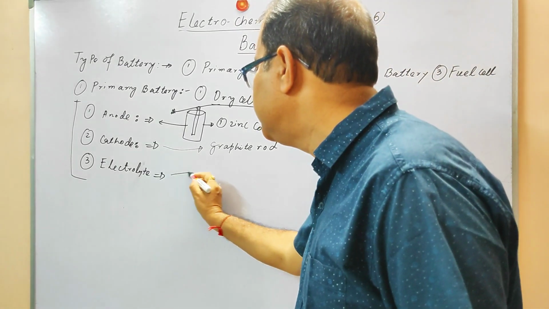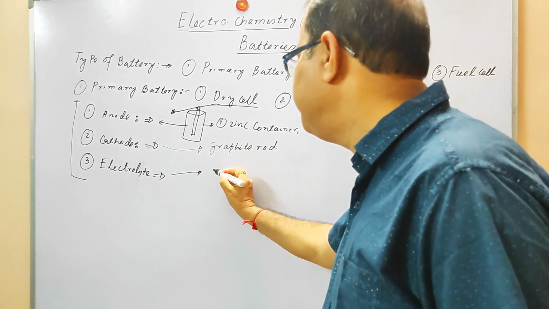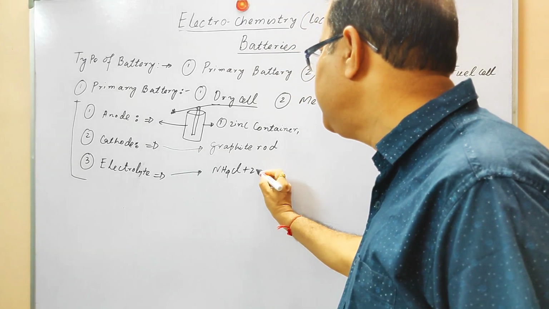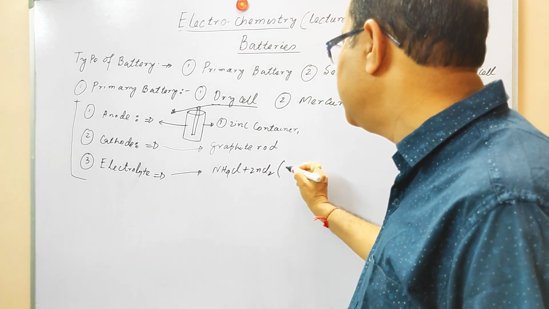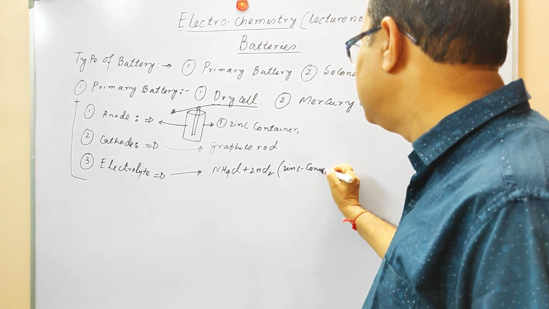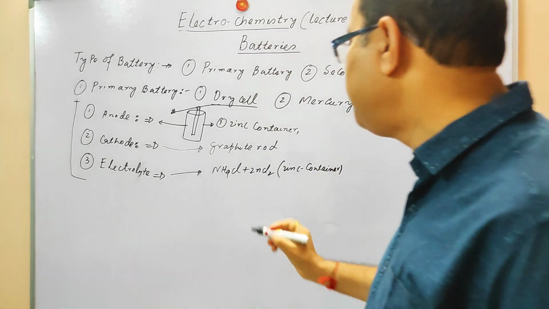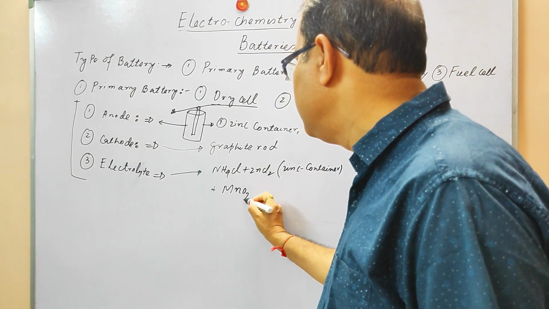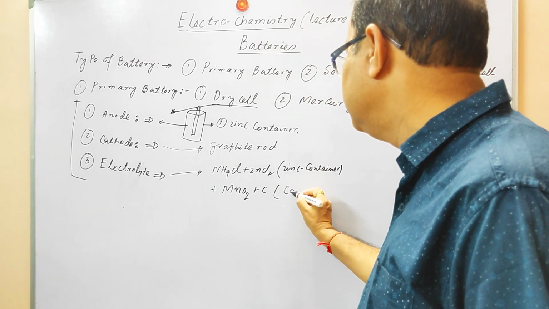And for the electrolyte, you can observe there are two parts. One is a paste of ammonium chloride plus zinc chloride, which is attached to the zinc container, and the second part of this electrolyte is MnO2 plus carbon, which is attached to your cathode.